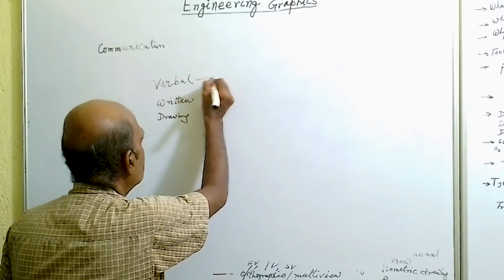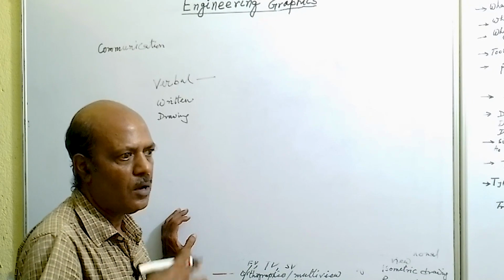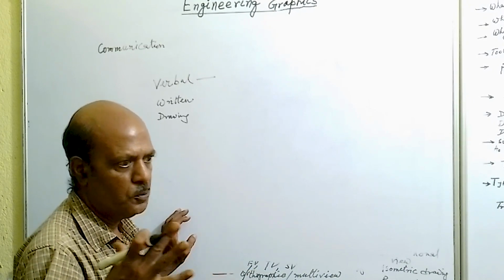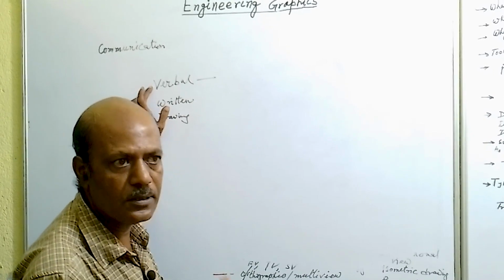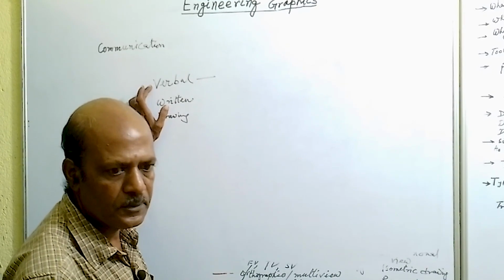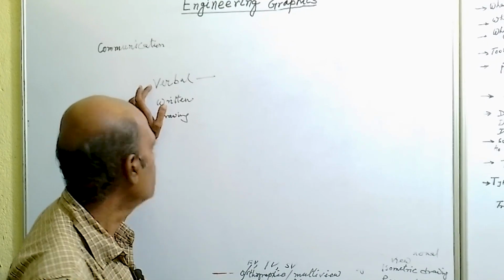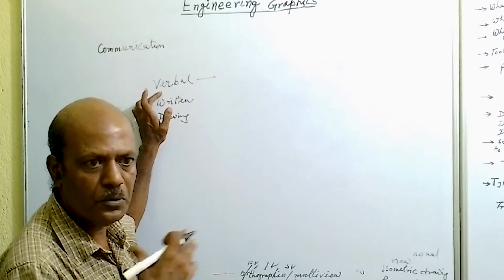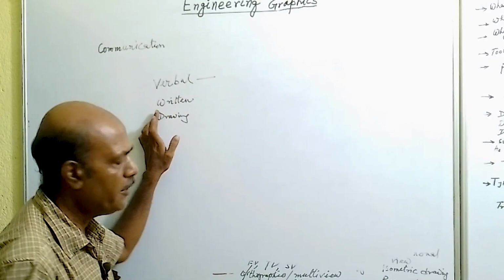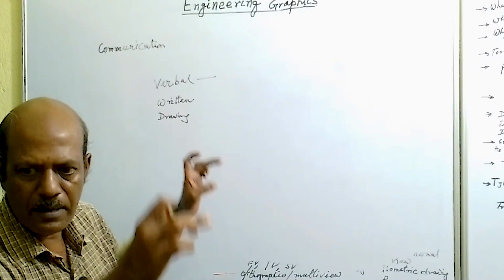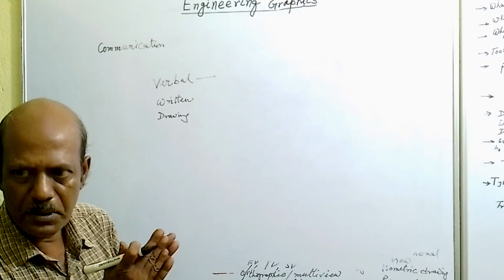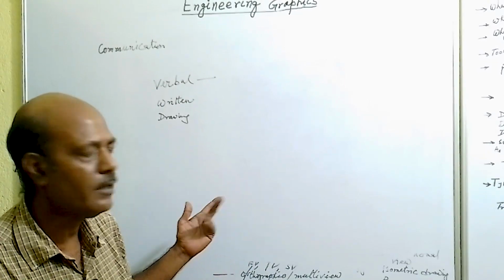In verbal communication, as I am talking, I am giving some idea to you. So that type of communication is called verbal communication. And written communication, with the help of letters or some writings, the idea can be transferred from one person to other person.